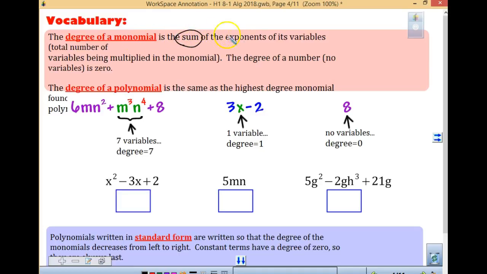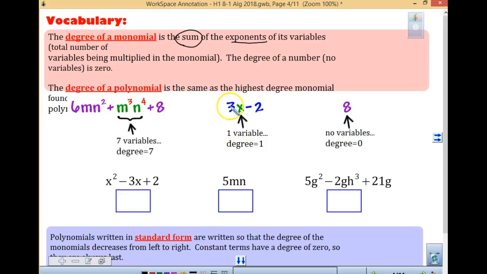The degree is the sum of the exponents. So when you're looking down here at this one, if I'm just asking you of 8, that degree is 0 because there's no variable. In this one, x, it's just to the first, so it's first degree.